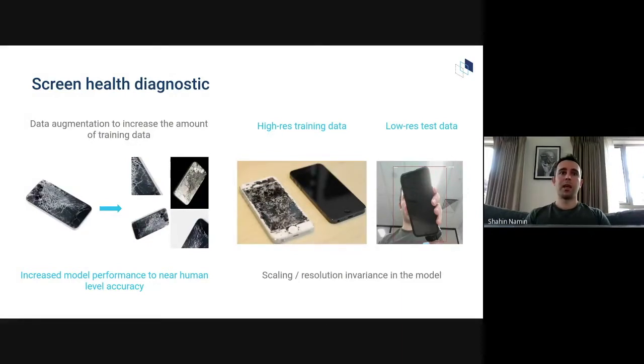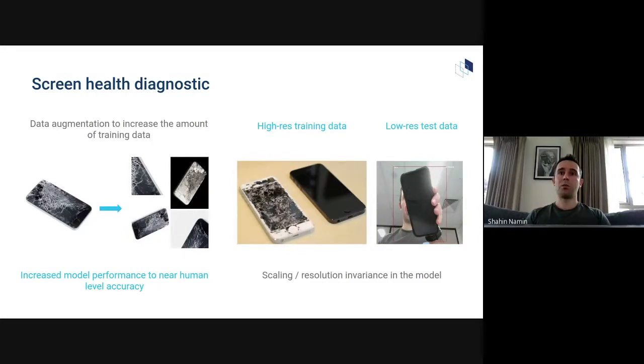Also, we observed that the training data consisted of high resolution training images, but because the images it was dealing with in practice were coming from the front camera of the phone, therefore they were low resolution images.